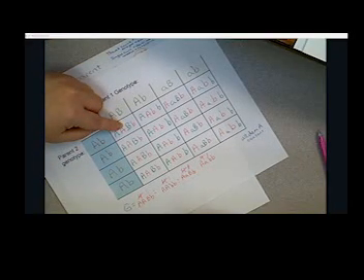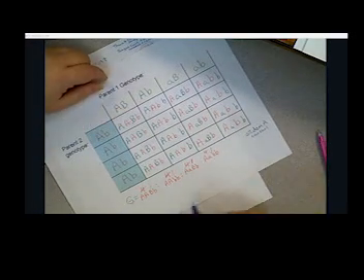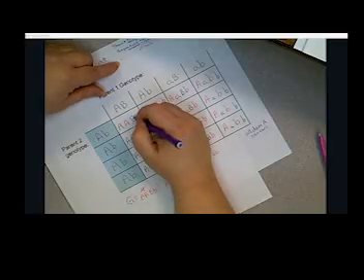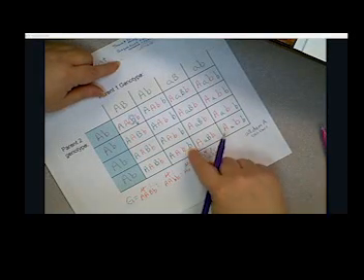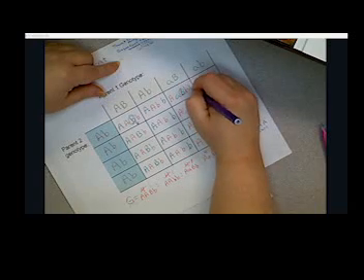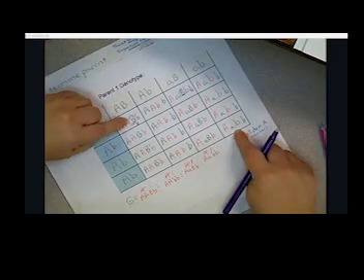Then we need to look at our B's and remember that a dominant B is a straight thumb. So we need to look and see how many of them have dominant B's. This column is all dominant B's. This one has dominant B's in it. This one doesn't. Remember, it only takes one capital letter to show the dominant trait.